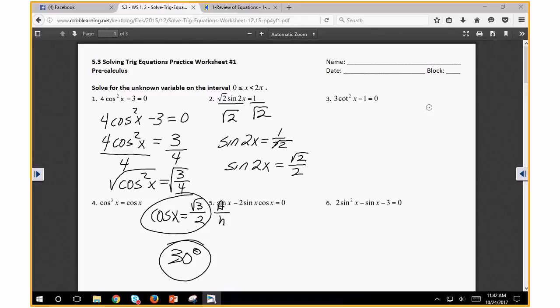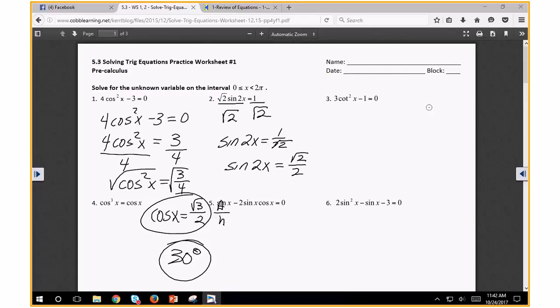But right now, I just want you to get the feel of this worksheet. I don't even know who wrote it, but the reason I picked it is because it's got some basic algebra from the transition from algebra over to trig that I wanted you to see. I don't care about getting the final answer on this worksheet.